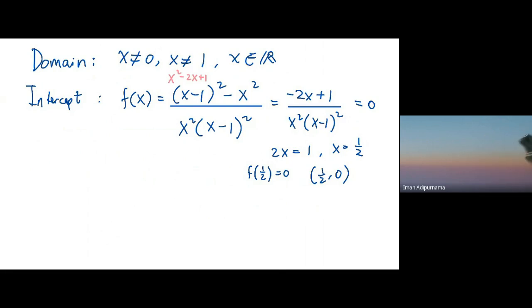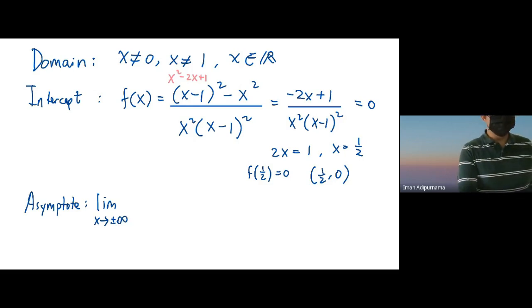And third, we can have our asymptote. Okay, let's start with the limit as x approaches positive or negative infinity. We can separate the limit.